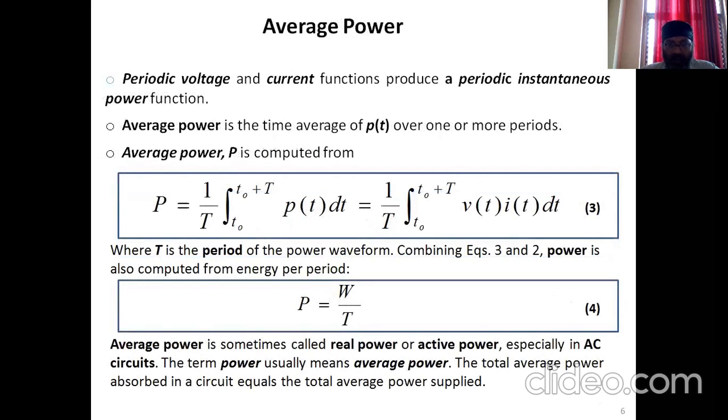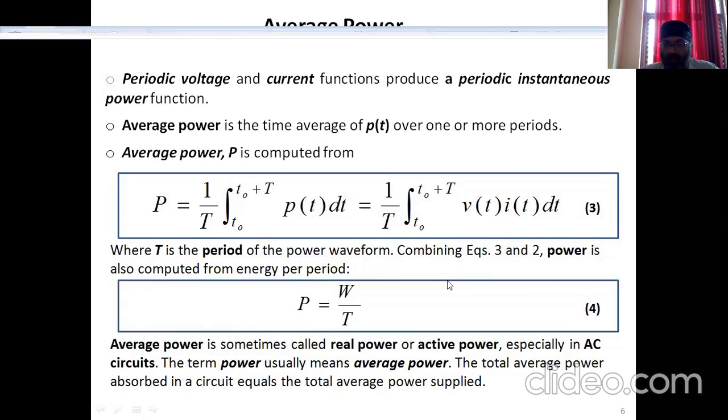Now, average power. This also you might have done in your basic electrical and basic electronics course, but this is just a revision for anyone who has missed out on instantaneous power or average power or RMS, so they can revise it. Periodic voltage, and we have already seen that in power electronics the signals are mostly periodic in nature. A sinusoidal signal is periodic in nature and keeps on repeating forever.